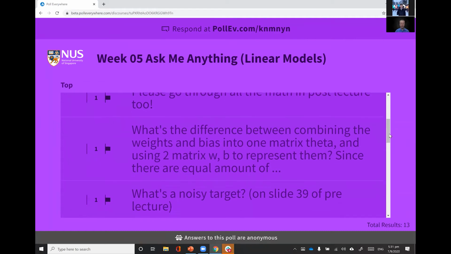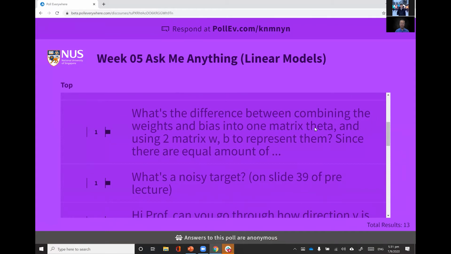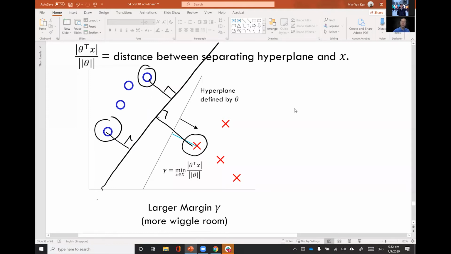Okay, what's the difference between combining the weights and the bias into one matrix theta and using 2 matrices W and B to represent them? This is a good question. Let me just move over here.